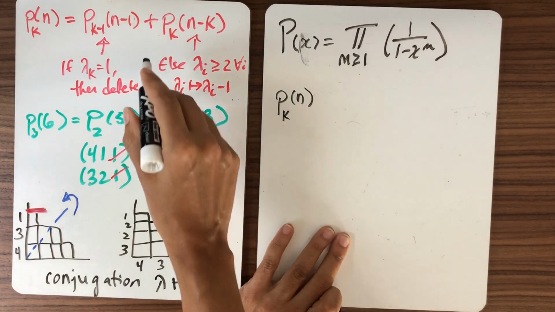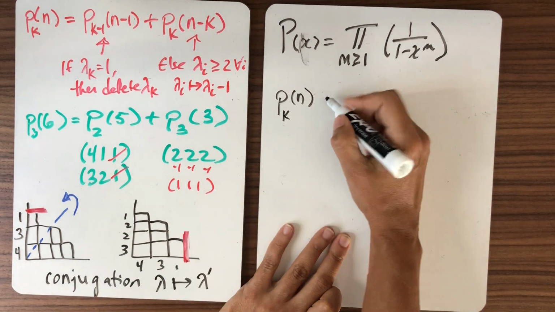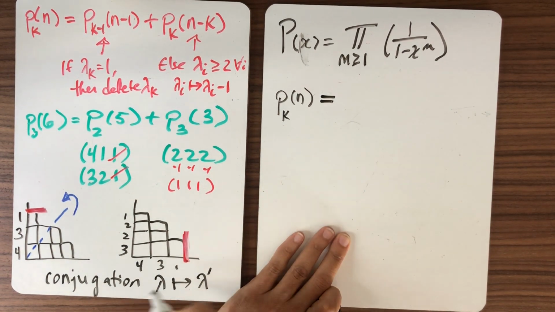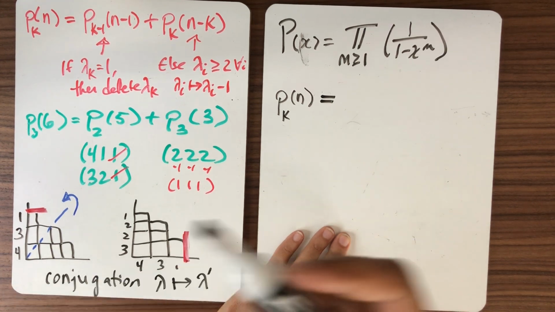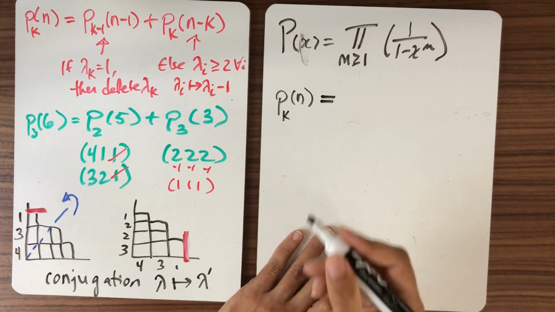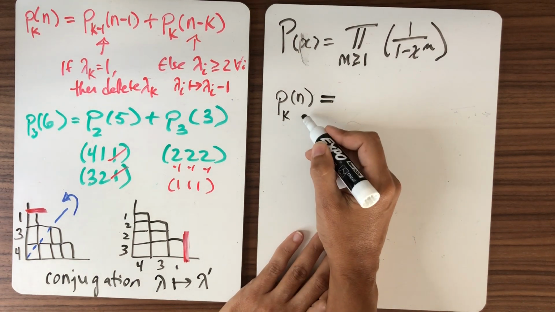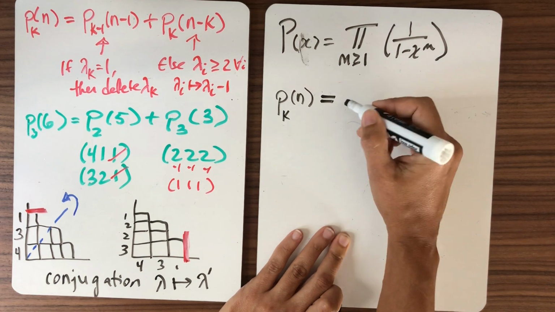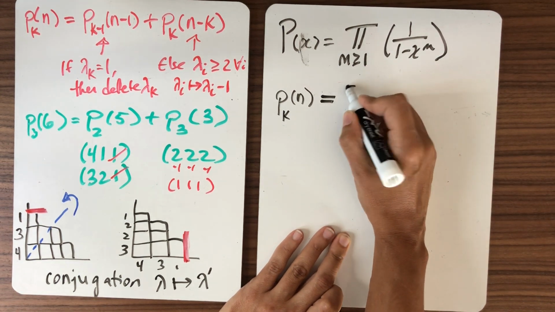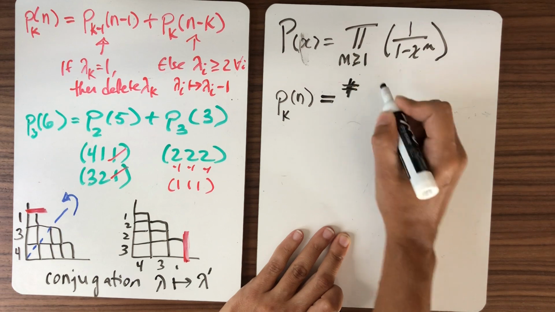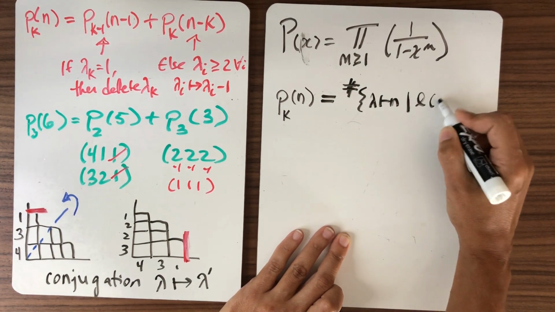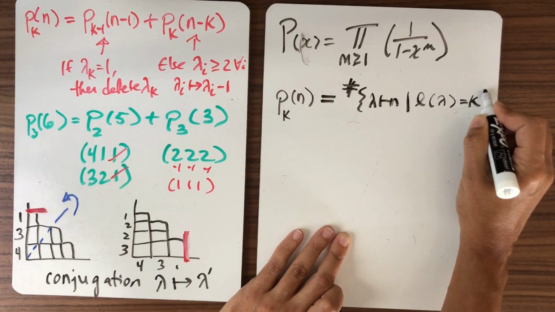Well, we have this recurrence relationship, but here we can think of these in a different way by this bijection of conjugation. It's an involution, right? So it's a bijection on partitions, and it changes this condition of k parts to the biggest part is equal to k. This is, by definition, the cardinality of the set of lambda a partition of n such that the length of lambda is equal to k.